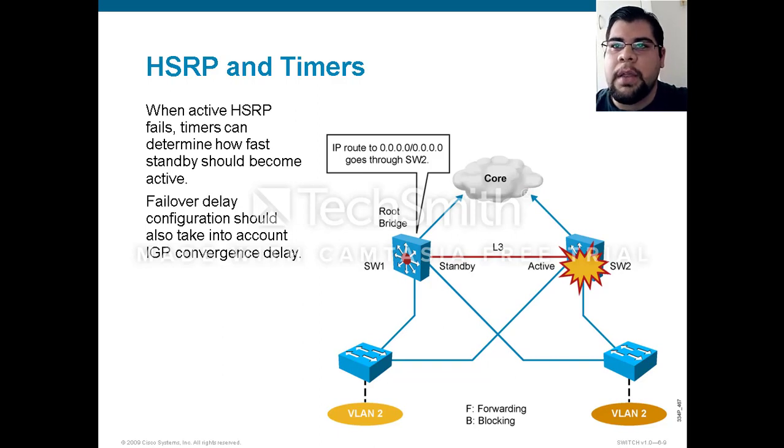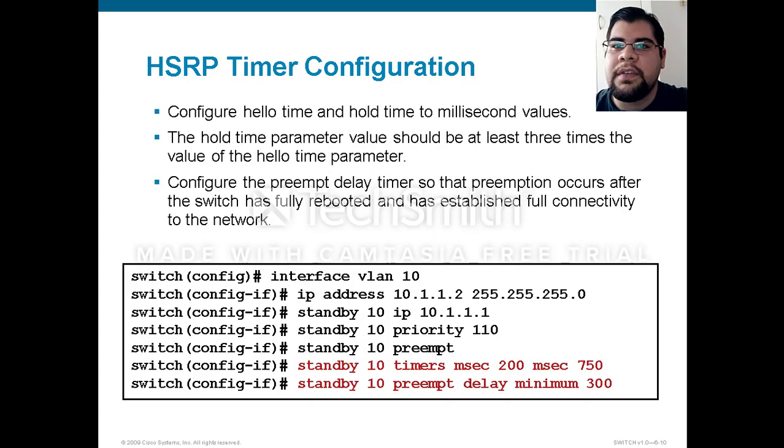We have a lot of timers. When the active HSRP router fails, timers can determine how fast the standby should become active. For the timer configuration, it is better to have a delay timer so that preemption occurs after the switch has fully rebooted and has established full connectivity to the network.